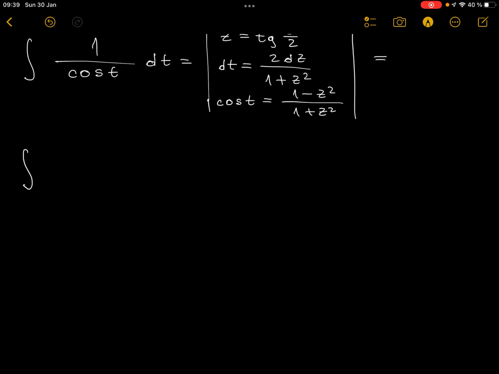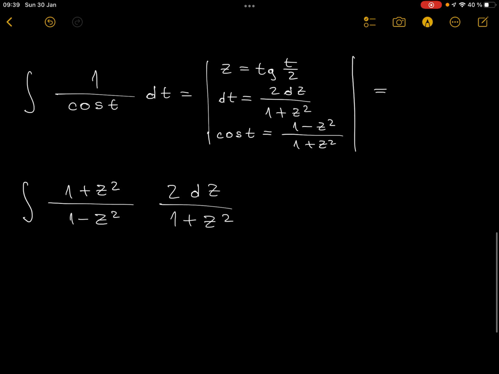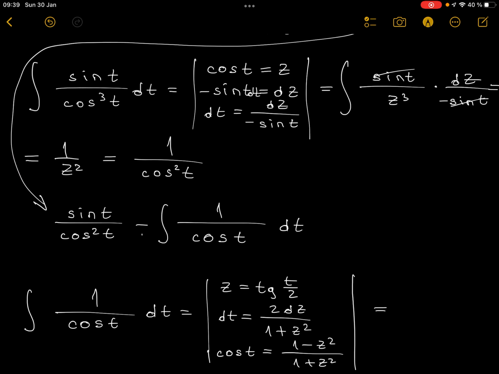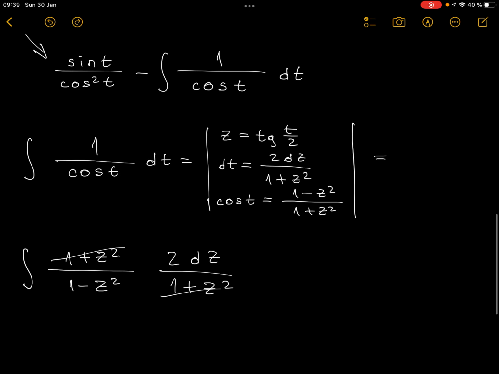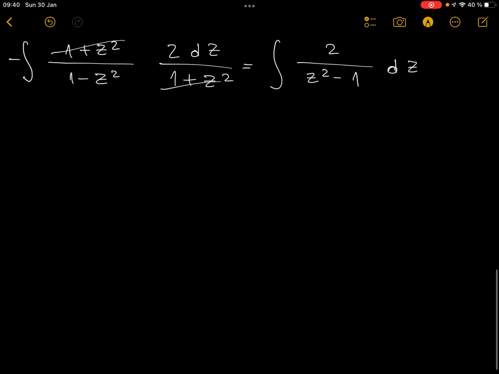So we get the integral of 1 plus z squared over 1 minus z squared, 2 dz over 1 plus z squared. And we can, you know what, we can just include this minus right here as well. So we get the integral of 2 over z squared minus 1 dz.